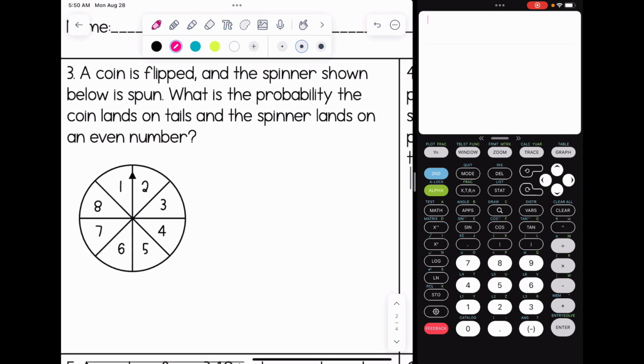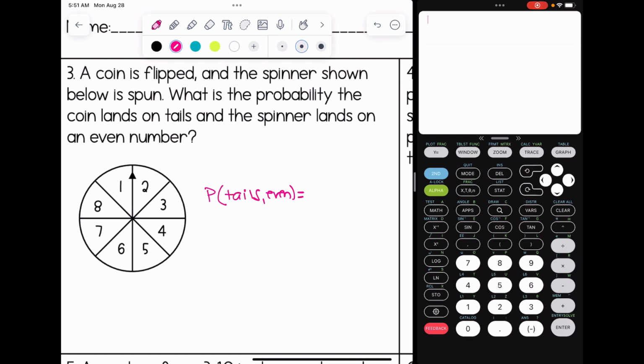Number three, a coin is flipped and the spinner below is spun. What is the probability the coin lands on tails and the spinner lands on an even number? These are independent events again. A coin flipping and a spinner being spun does not have any impact on one another. So we're looking for it to land on tails and then an even number.